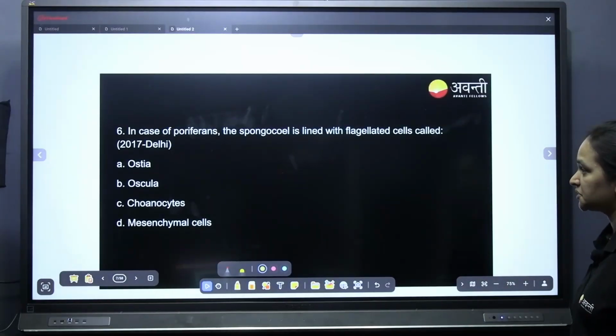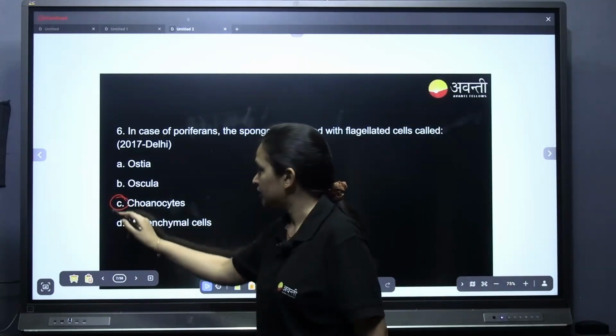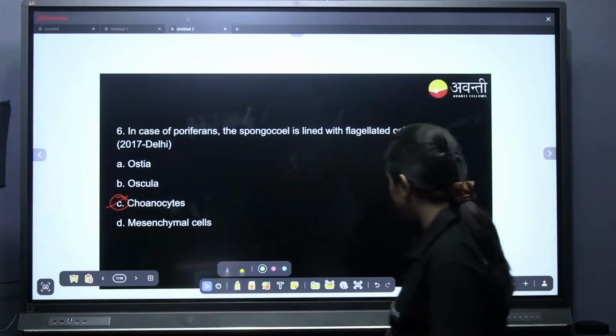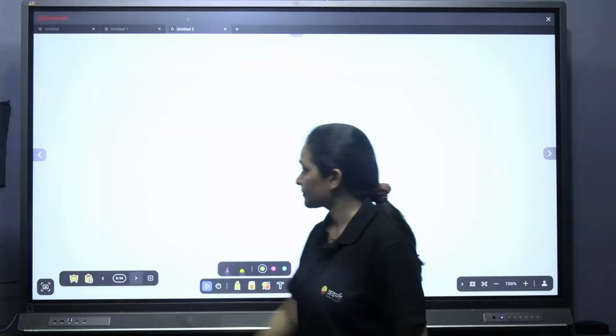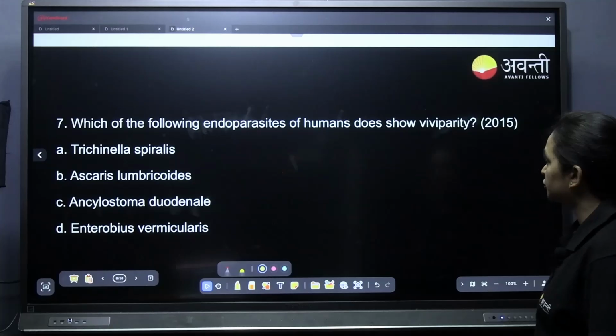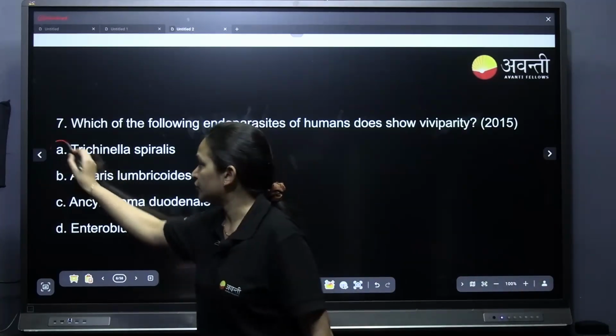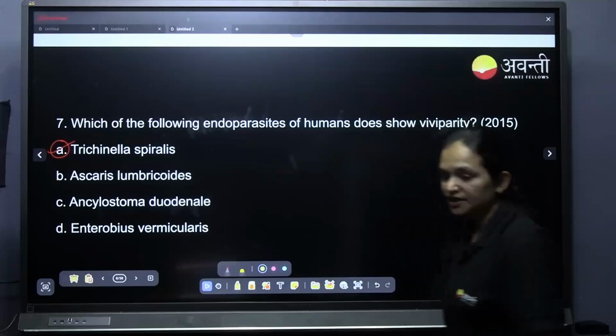In case of poriferans, the spongocoel is lined with flagellated cells, the flagellated cells are called choanocytes. In which of the following endoparasites of humans does show viviparity? This is a factual question, that is option A as a right answer.